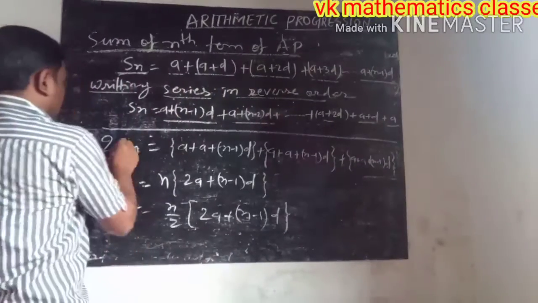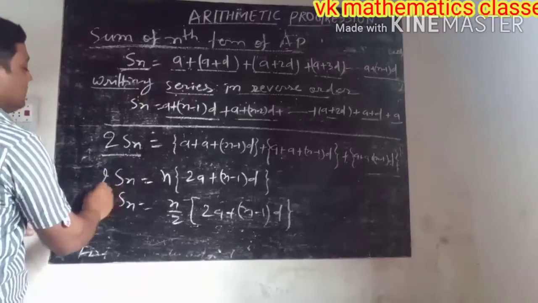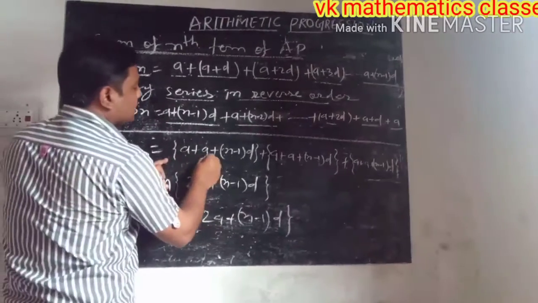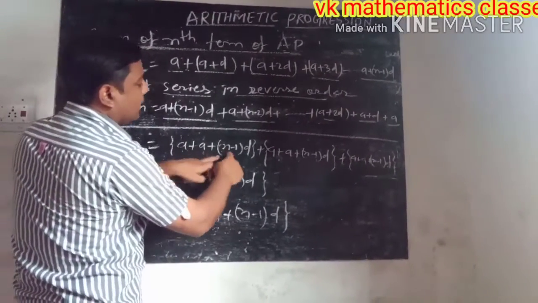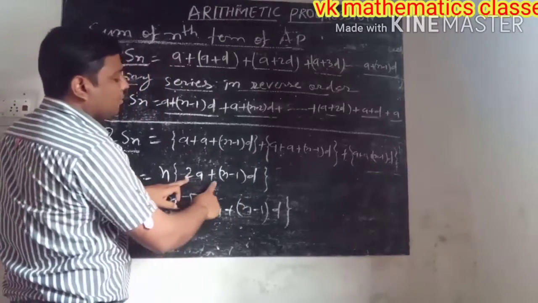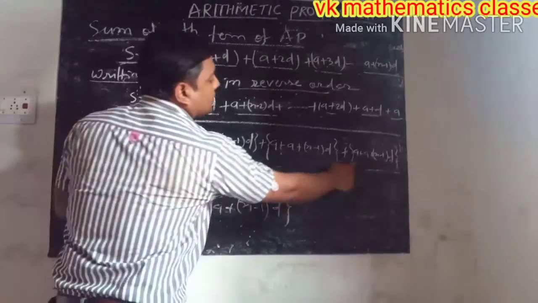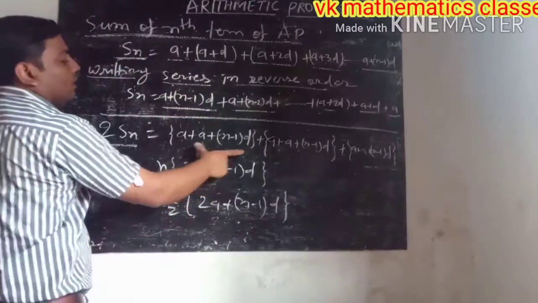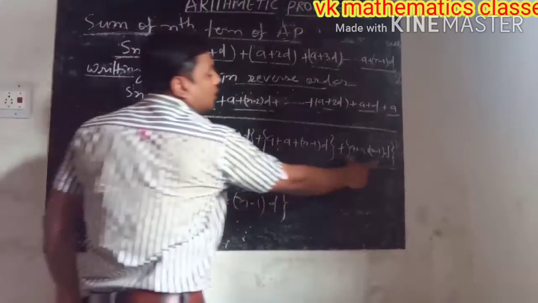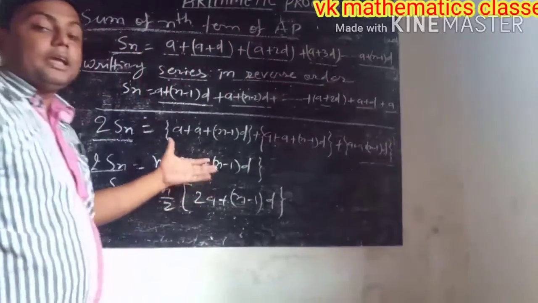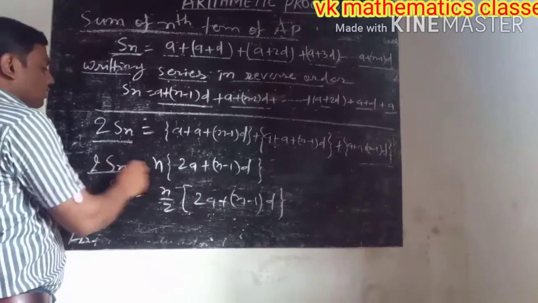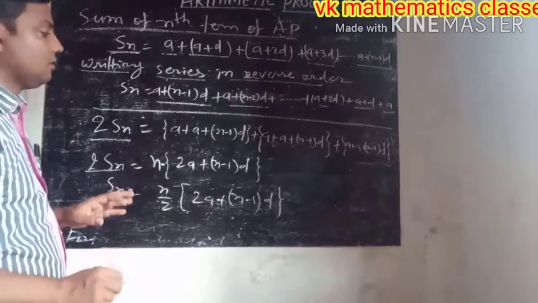We find Sn plus Sn, 2Sn, a plus a, 2a plus n minus 1 into d, and this occurs n times, reversing n times. So multiplied by n.